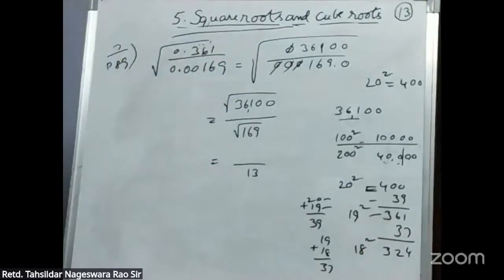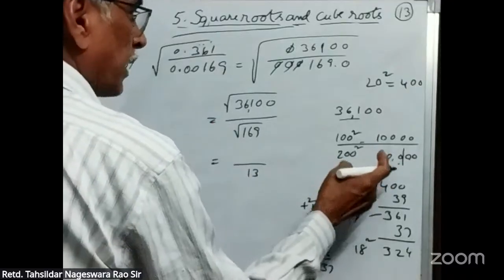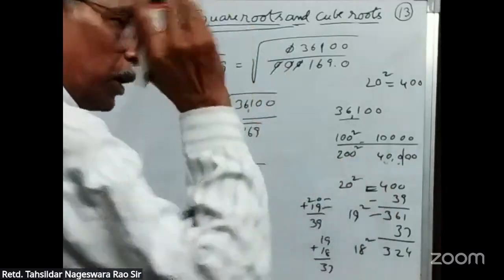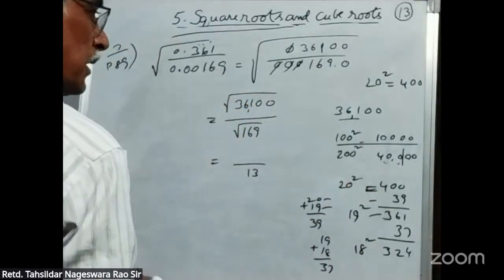That is one way. This is a clue. So now it is 19 square. If you remember that 400 minus 39 is 361, you can get that it is 19 square.